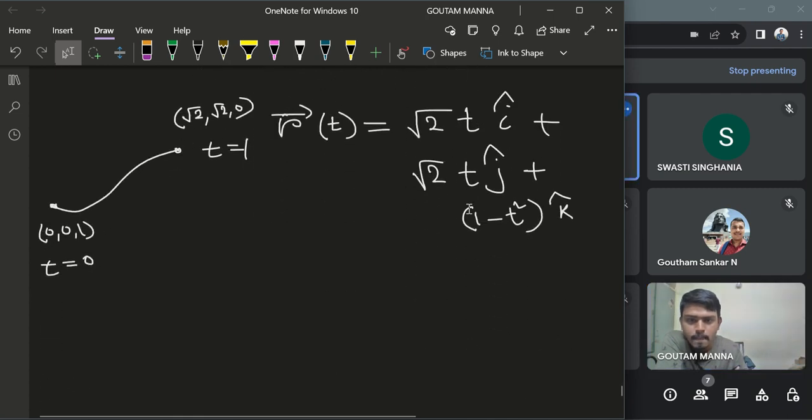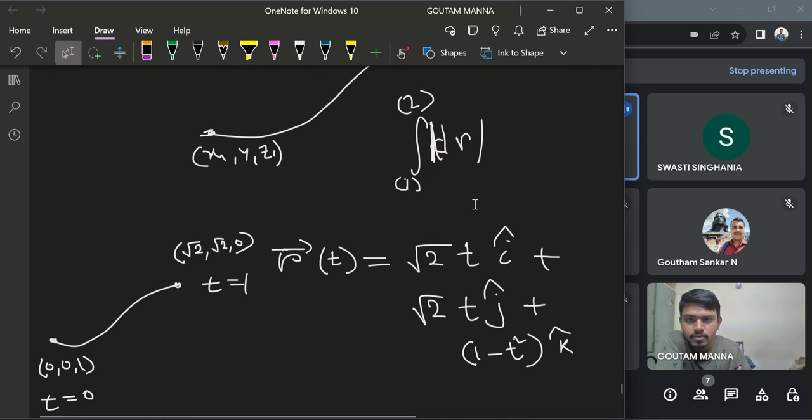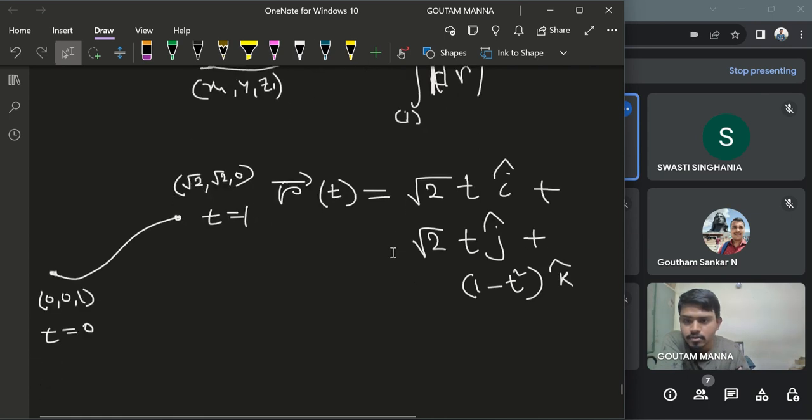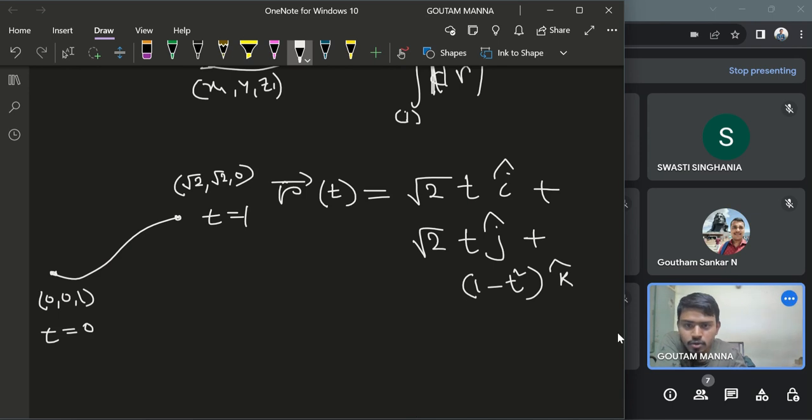If you change t, you just move along this curve, so there is a value of t for which you reach each point.